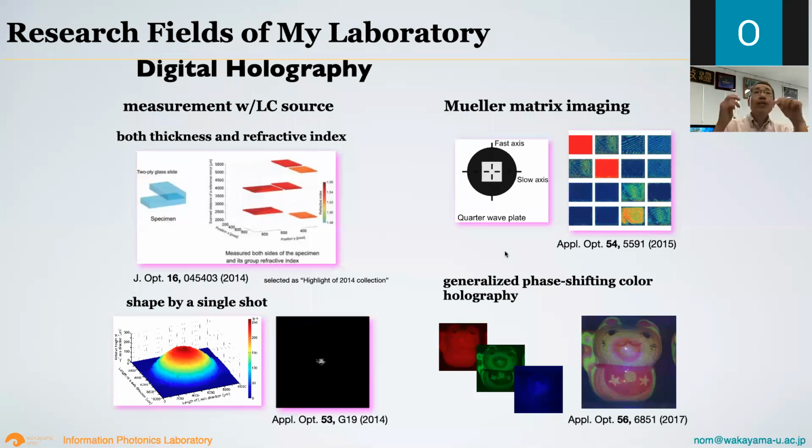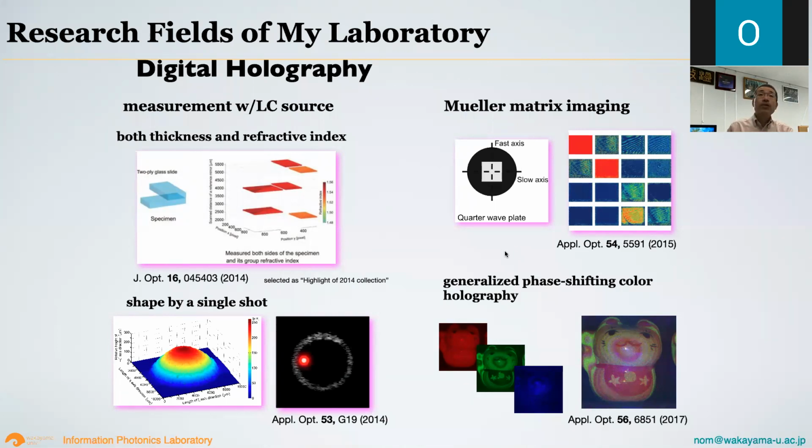So also we use a digital holography technique to measure some physical quantities. This graph shows the thickness and refractive index are measured simultaneously.